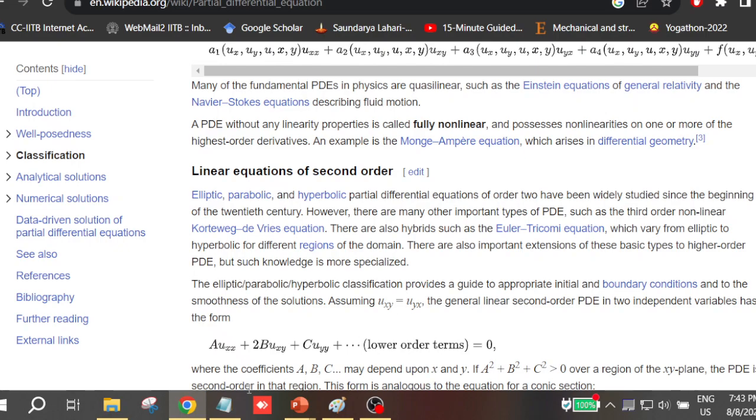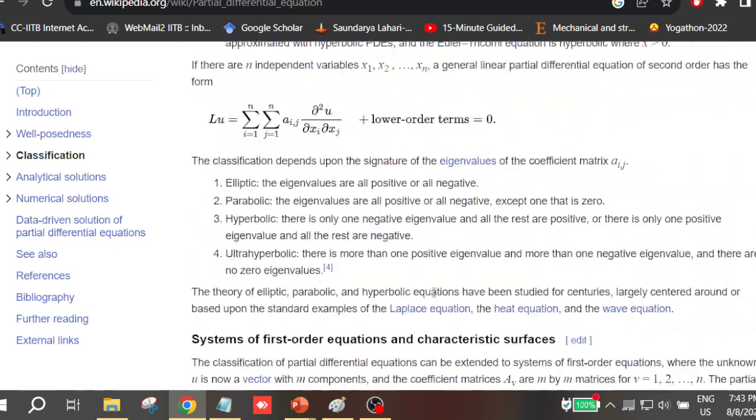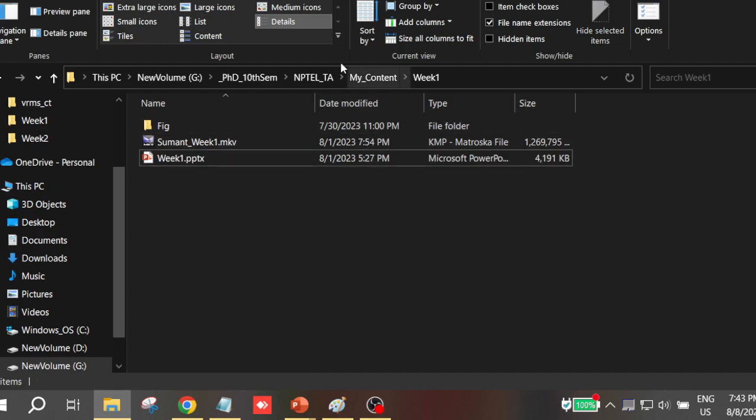I think it was there in the previous week's content. Previous week's content.